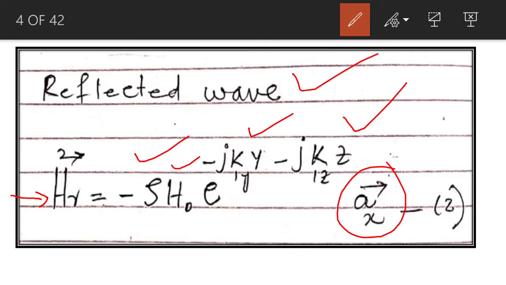Magnetic field intensity is a vector quantity, and this magnetic field intensity will be in the direction of the unit vector Ax.